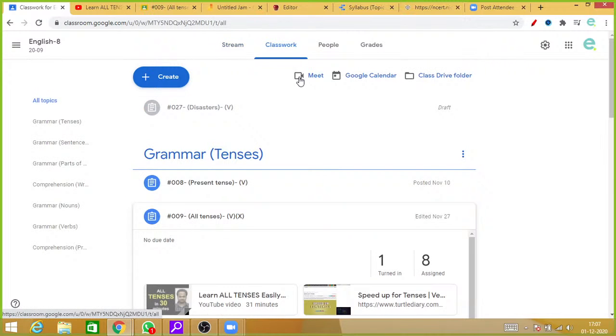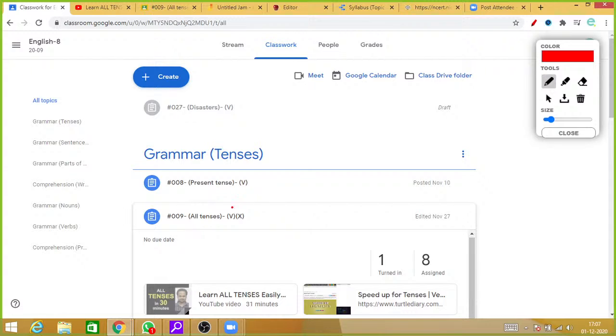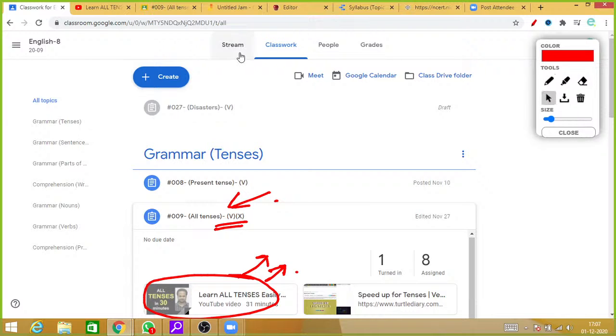Then in the classwork, you will see all the assignments. The assignment which we are doing is currently number 9. And in this is the video we are watching, the first video. Just this I want you to see. Okay, and then you know how to submit work in Google Classroom? Do you know how to? Okay, so there is a video in this which will explain that.